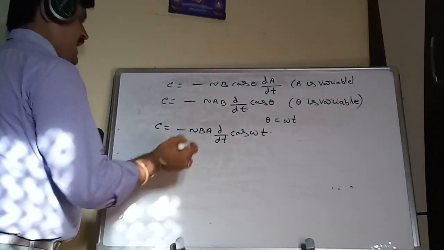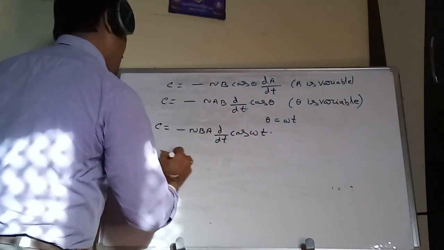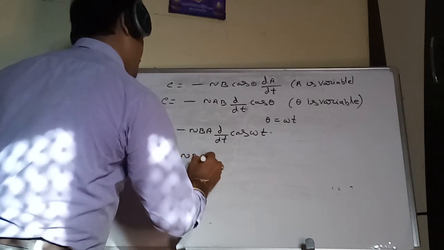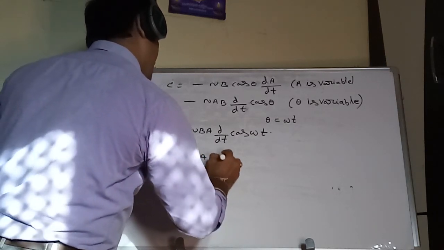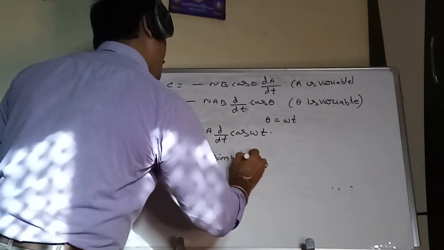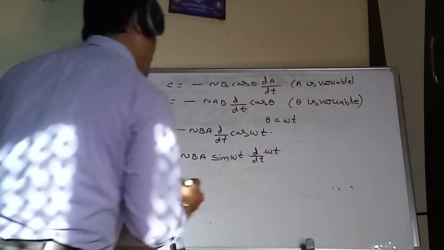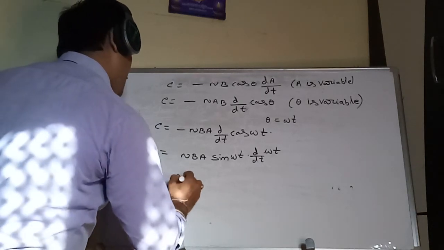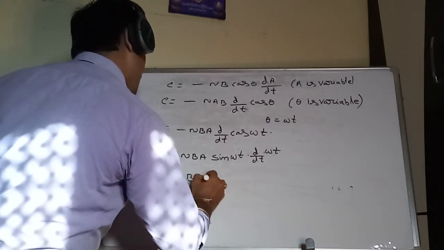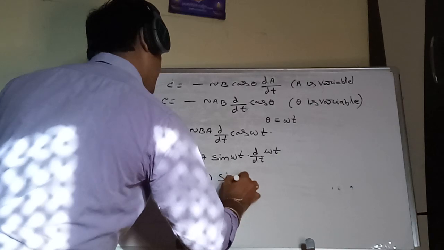The derivative of cos omega t gives a minus sign, so E equal to NBA omega sin omega t. So E equal to NBA omega sin omega t.